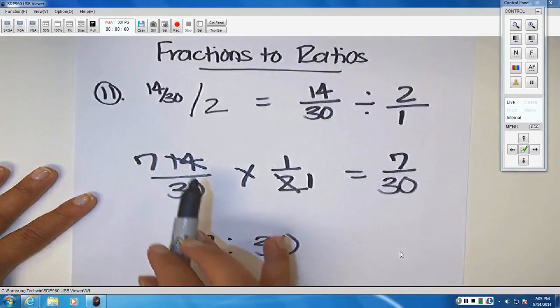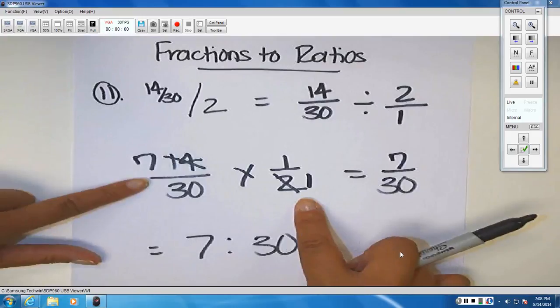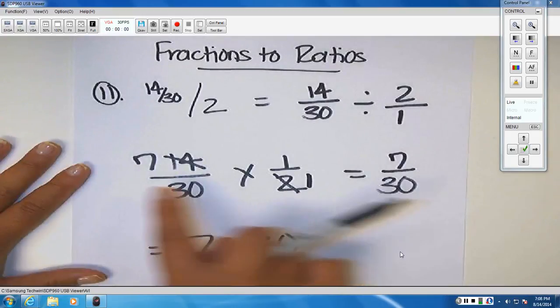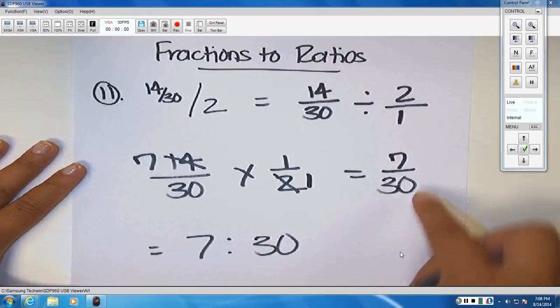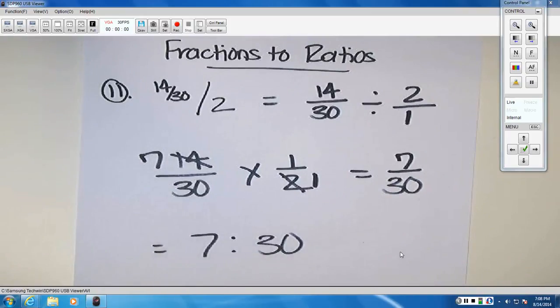So we ended up with 14/30 times 1/2. We could reduce the 14 and the 2, and then we multiplied straight across and ended up with 7/30. Then we were able to take that and turn it into a ratio. Okay? So this is taking fractions and turning them into a ratio.